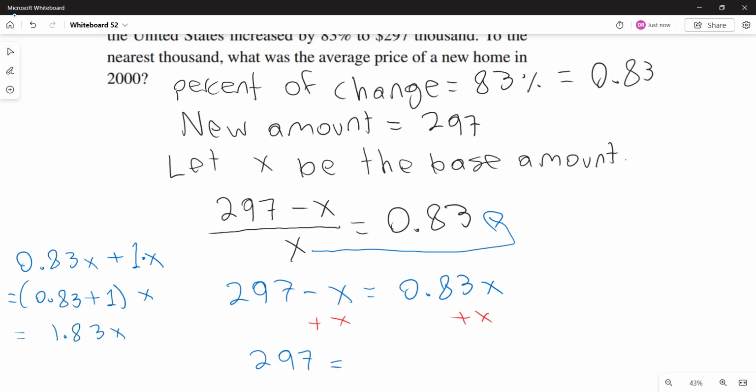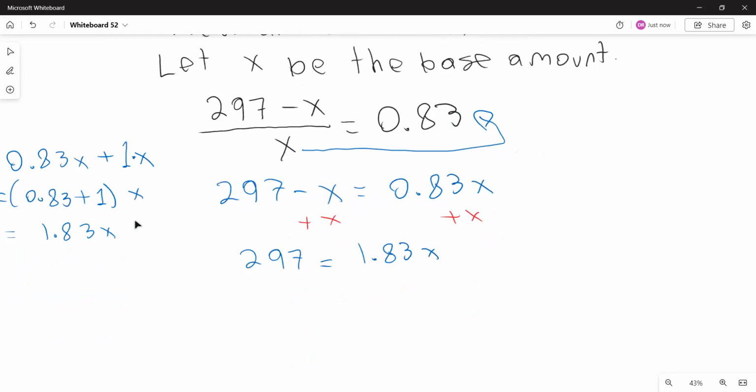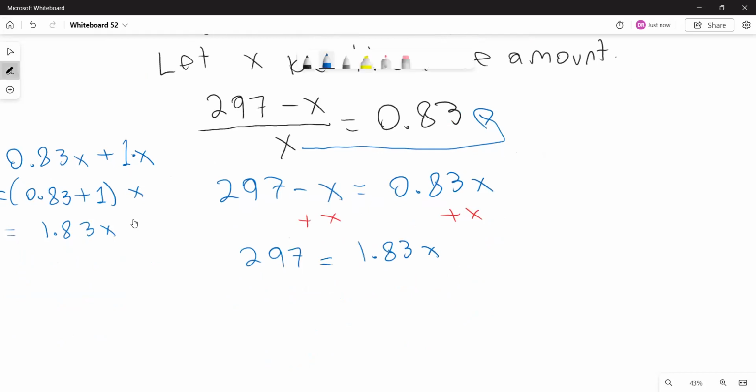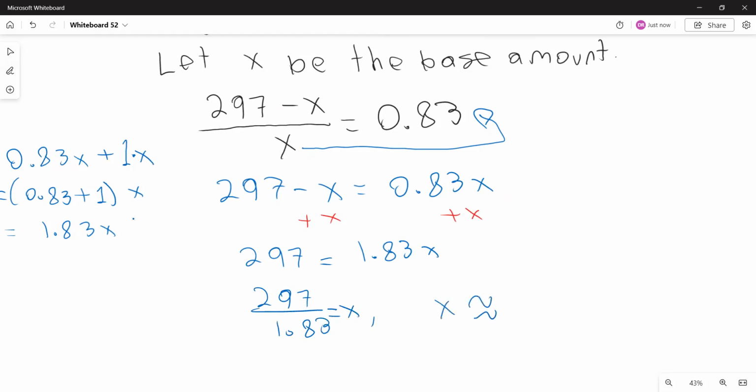So 297 is 1.83x, and we can divide both sides by 1.83. So 297 over 1.83 is equal to x, or x to the nearest 1,000 is approximately 162. So that answers the question.